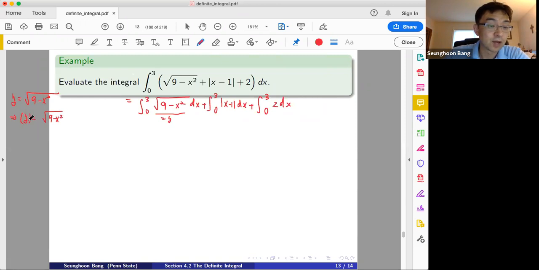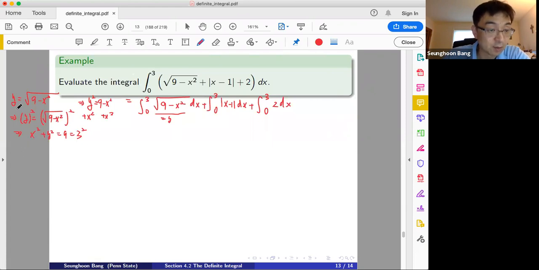Y squared equals 9 minus x squared. You add x squared to both sides. So we have x squared plus y squared equals 9. 9 is 3 squared. We have a circle with radius 3.